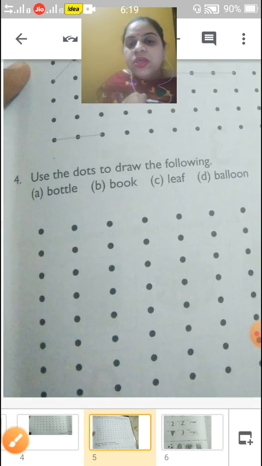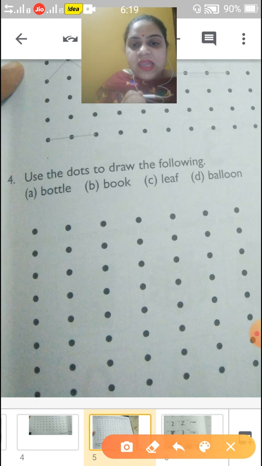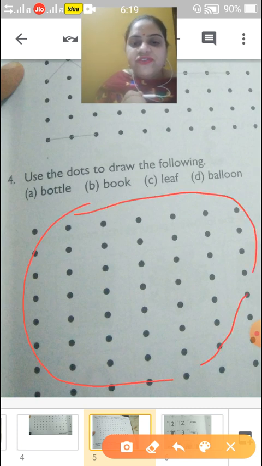Now use the dots to draw the following. In this, you have to use these dots and draw pictures children. Earlier also we did. In this, you have to draw 4 pictures like bottle, book, leaf and balloon, but you have to draw with the help of these dots.